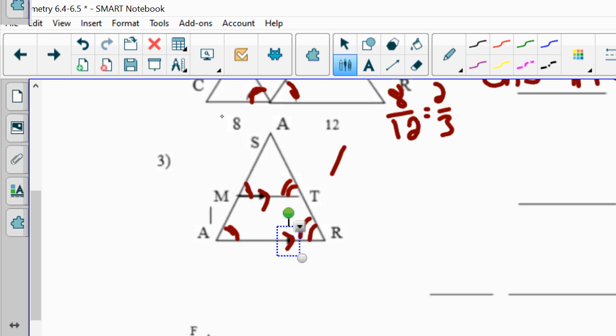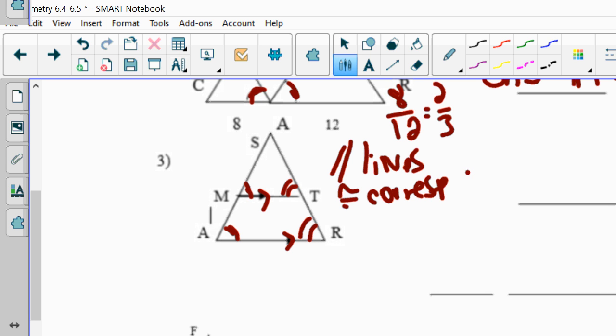So we have parallel lines. We have congruent corresponding angles. Now I have two angles, corresponding angles that are congruent in both triangles. So by the angle-angle similarity postulate, I have enough to say triangle SMT is similar to triangle SAR.